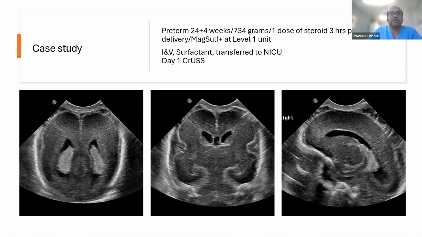And this is a day 1 cranial ultrasound. So I have a few coronal sections and a parasagittal right-sided section. Would anyone want to comment?